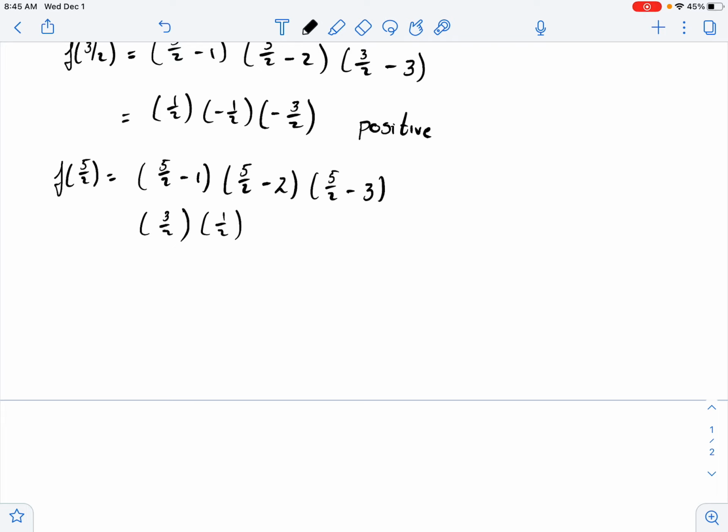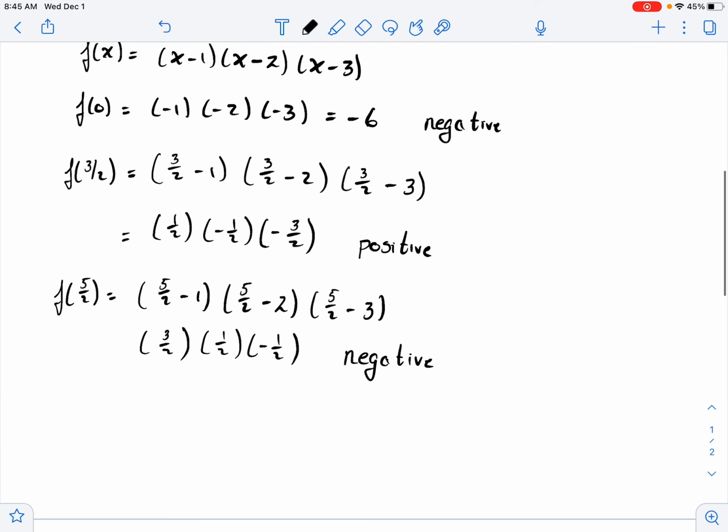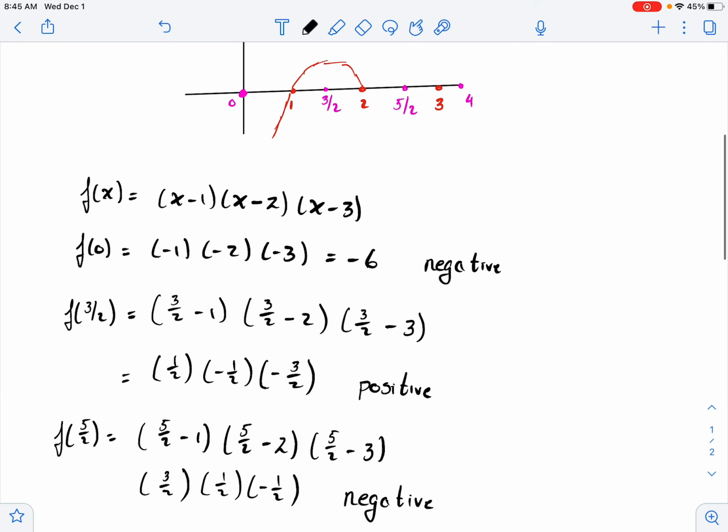And then 2.5 minus 3, so negative a half. I'm multiplying a positive times a positive, which is positive, times a negative, which will be negative. So this value is negative. That means my function is negative between 2 and 3, and of course I know it's 0 at 3.